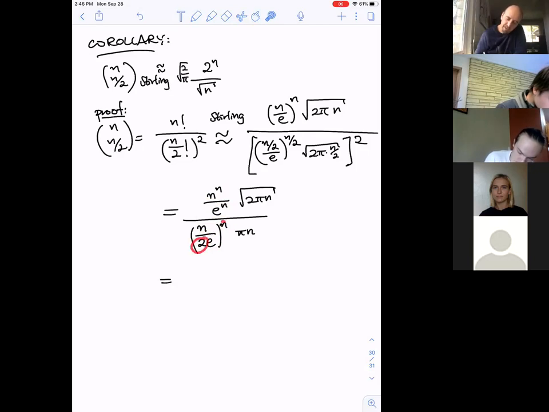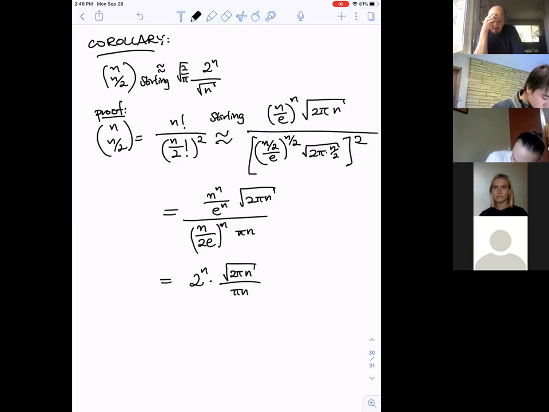This 2 to the n was in the denominator of the denominator. So that's a 2 to the n. Yeah, that's where this guy's going to come from. So I think I got a 2 to the n times this square root of 2 pi n over pi n. Okay, and right, so I see a square root of n divided by an n. That's like a square root of n in the denominator, as I was expecting.